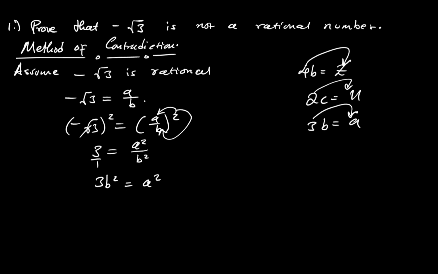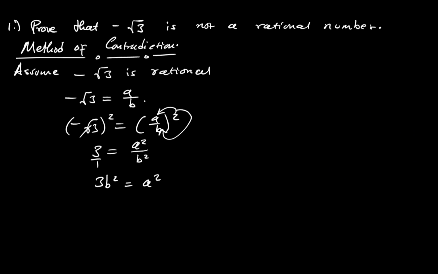In a similar manner, if I am having something like 4b squared is equal to, let's say, c squared, it means that 4 is a factor of c squared together with c. Or even if I have like 2x squared being equal to like z squared, it means that 2 is a factor of z squared as well as z. So I hope that's clear enough.